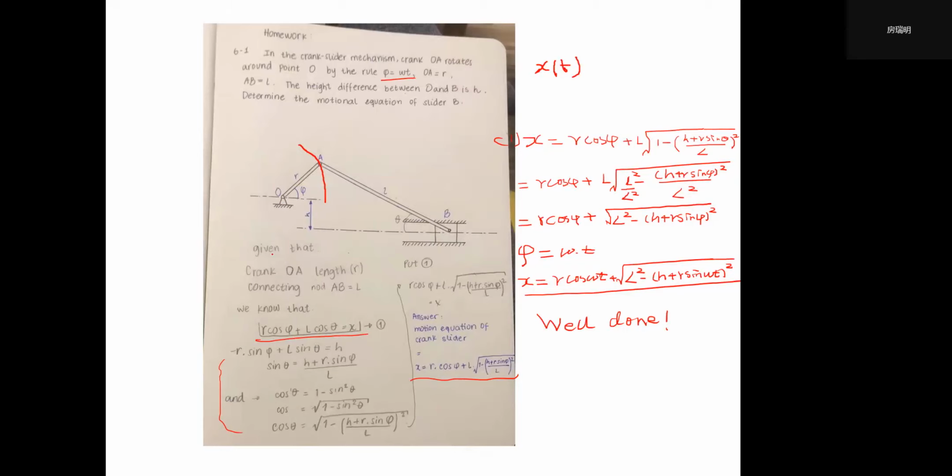So you guys can find that the horizontal distance from O to B will be x equal to R cosine phi plus L cosine theta. Can you guys understand this? Yes, Raj. I think it's easy to understand, right? x equals R cosine phi plus L cosine theta.